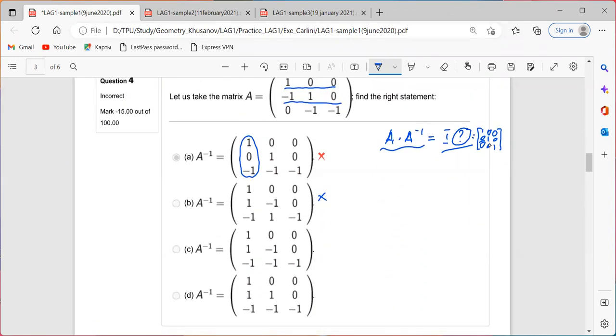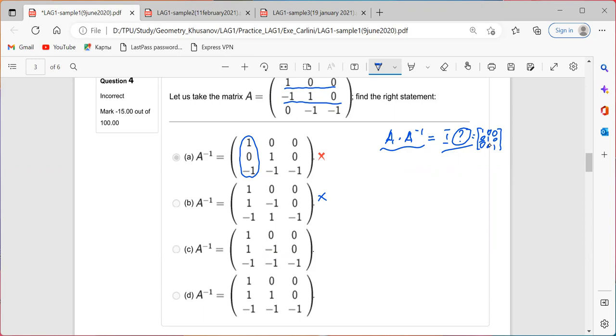Third one, you can compute. Again, first row by first column, it will be just 1 minus 1. It will be just 0. First row by second column, again, we will obtain 0. First row by third column, again, will be 0. Okay.